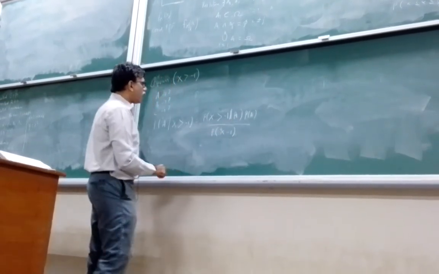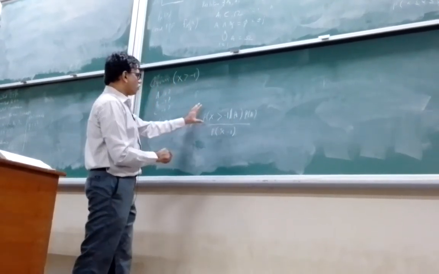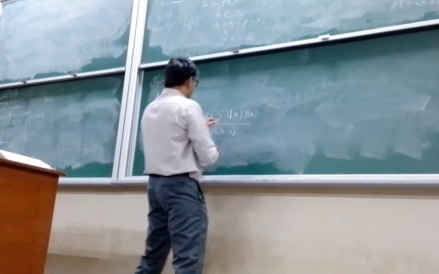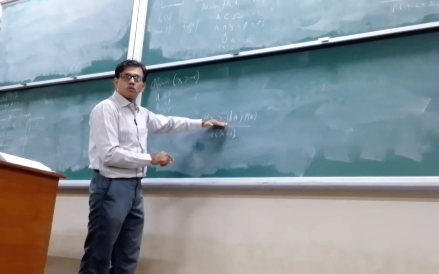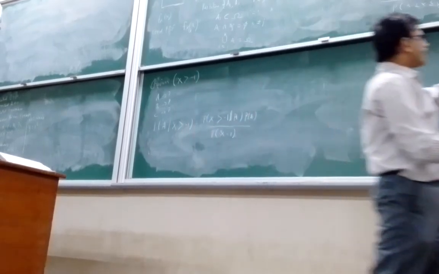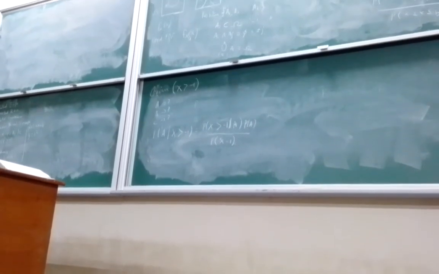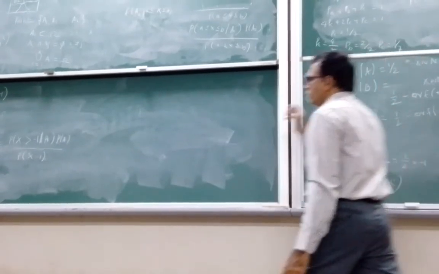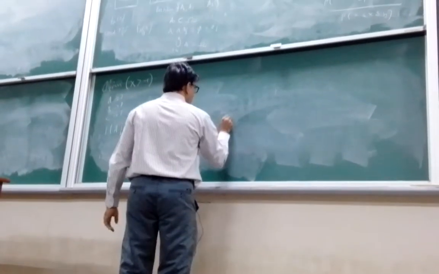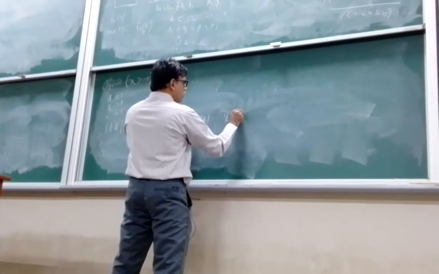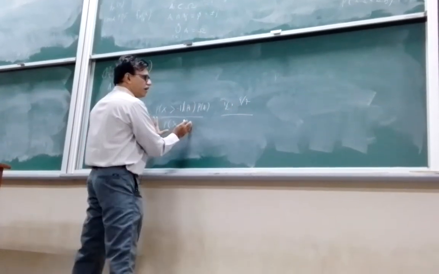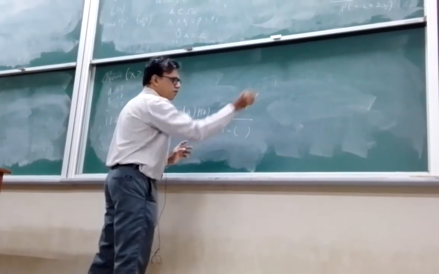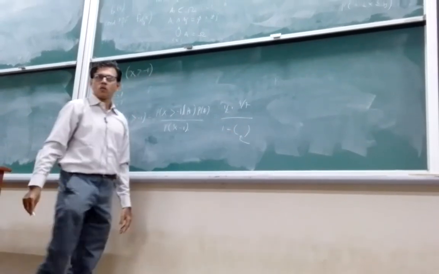So what is this one? This again is known. Because x less than minus 1 given A is half, x greater than minus 1 given A is also half. So this is equal to half into P of A, which is 4 by 7, divided by this quantity, which is 1 minus whatever we have computed from the other one.